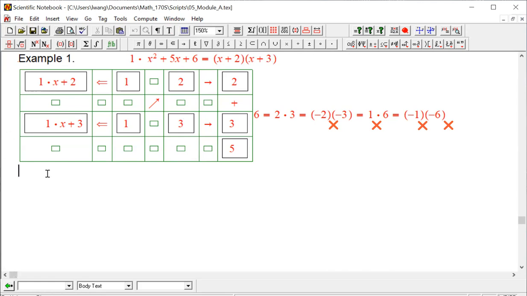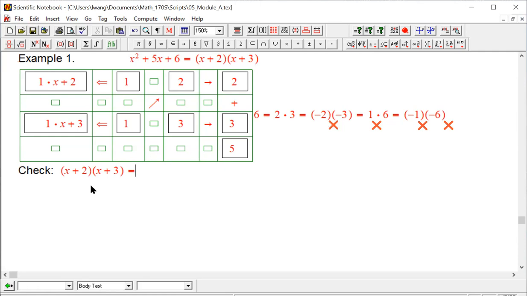And we can also check the answer. To check the answer, we just have to FOIL the product. If we FOIL the product and get what we had originally, then we got it. Otherwise, we need to double check our work and maybe try other options.